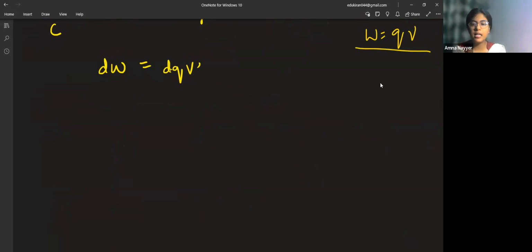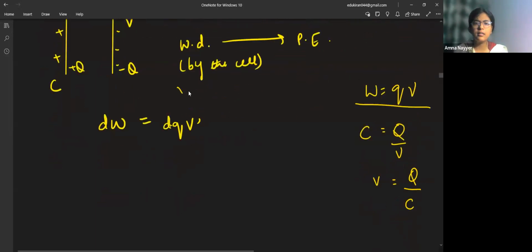Now see, how do you write the potential's value in terms of capacitance? We had seen the formula of capacitance as Q by V. So what will potential become? Charge by capacitance, right? So V prime is the very small amount of potential. This I'll mention also, so that this doesn't become confusing.